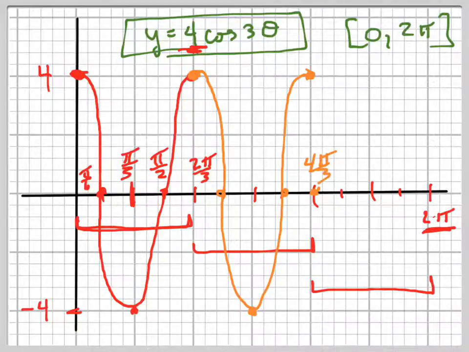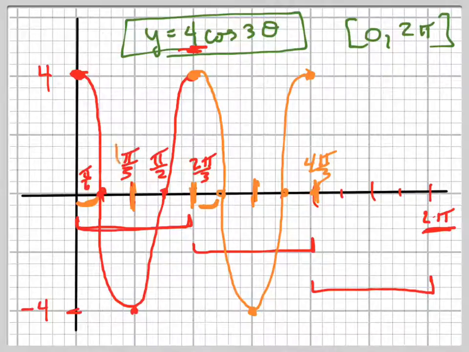And notice that I went pi over 6 each time. The smaller increments are pi over 6, so I'm just going to keep adding pi over 6 each time, or I'm going to keep adding the bigger increments, which I'll make orange. Those bigger increments are in pi over 3s.